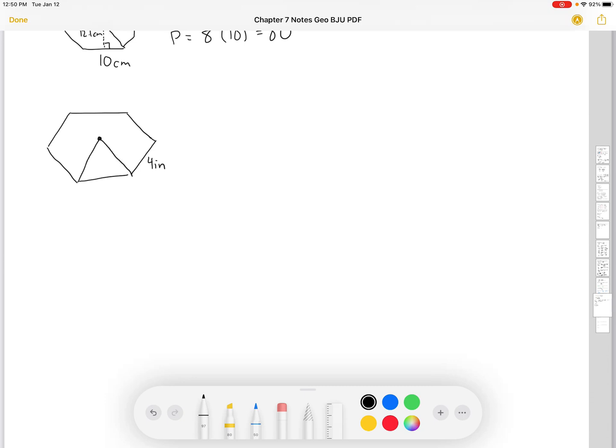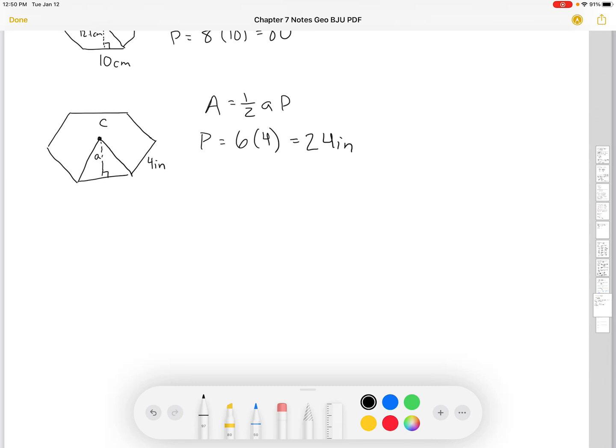And it gives me this picture where this is the center, and this is my apothem, but it doesn't give me what the apothem is. So I know I need 1/2 apothem times perimeter. I'll start with perimeter since that's the most simple. There's 6 sides, each of them 4 inches. So my perimeter is 24 inches. Now I'll need to solve for my apothem.